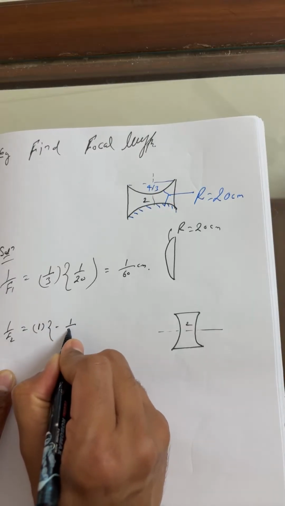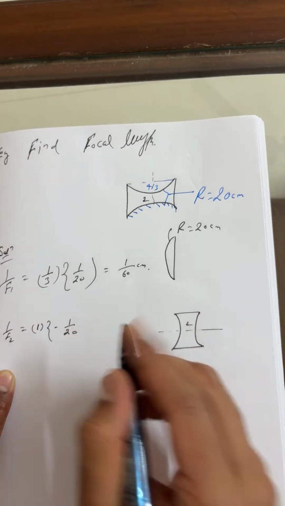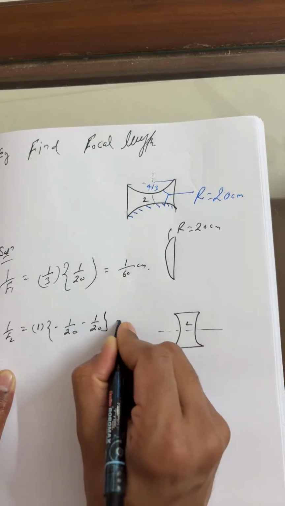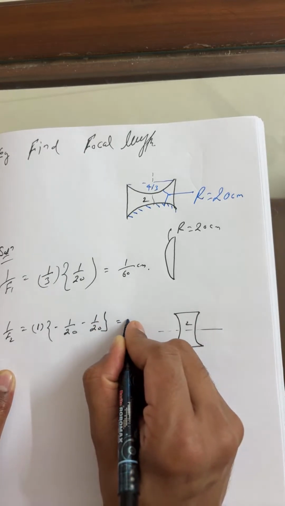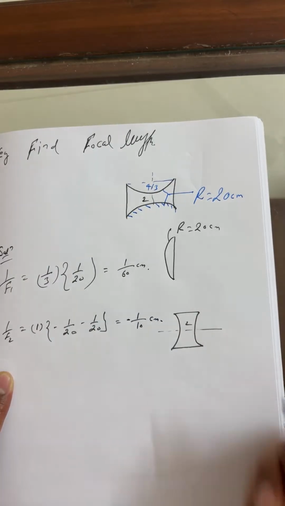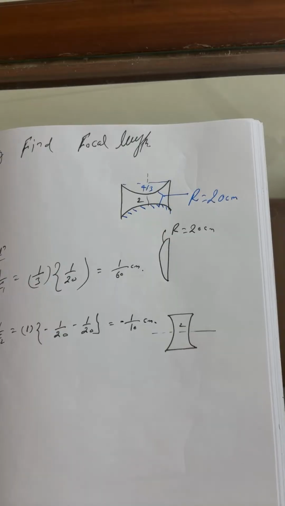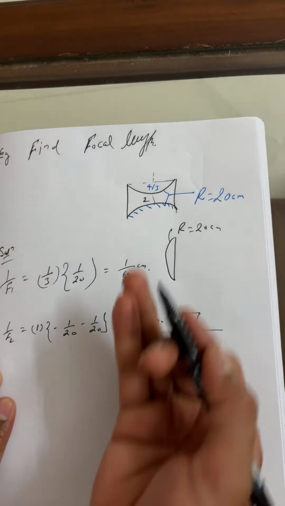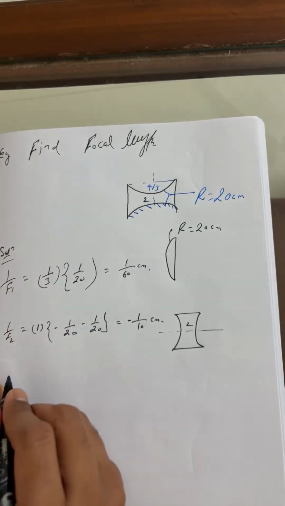So minus 1 by 20 for this surface, giving 1 upon f2 equals minus 1 upon 10 centimeter. So this is our f1 and f2. We wish to find f equivalent, then we can find the focal length.